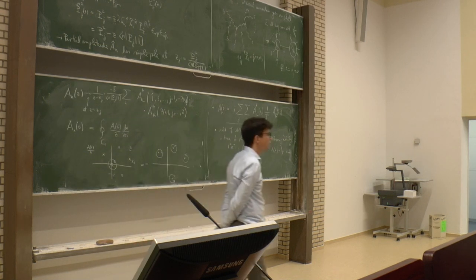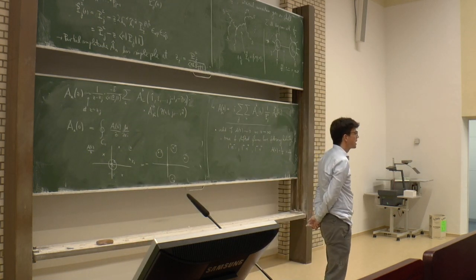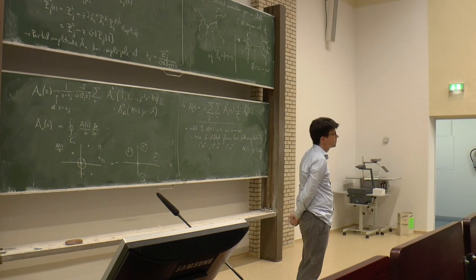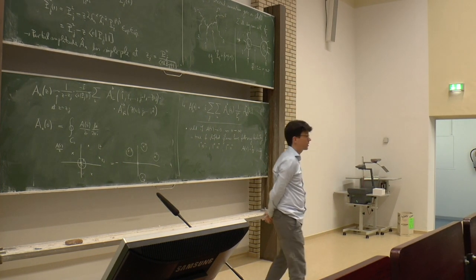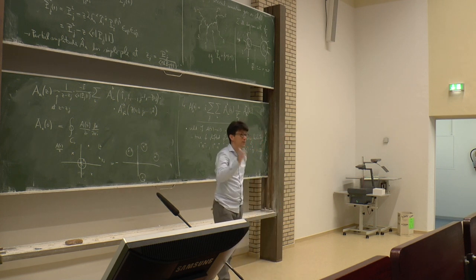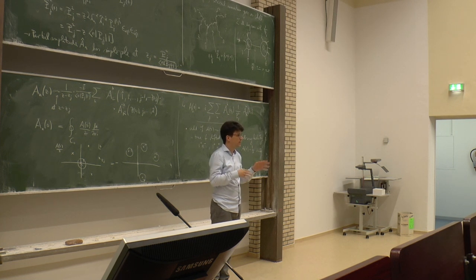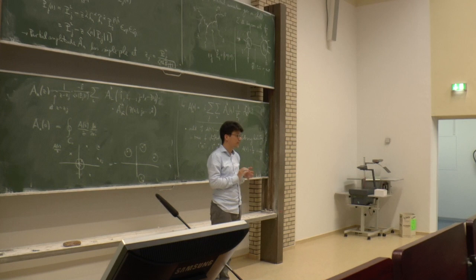Is there a similar recursion story at loop level, or does this only work at tree level? Yeah, that's a great question. I hinted at this idea that many techniques from tree level actually do carry over. I can give you a longer answer in discussions later. The short answer is yes.